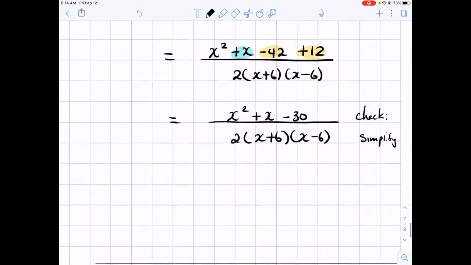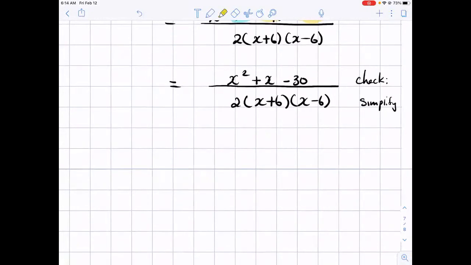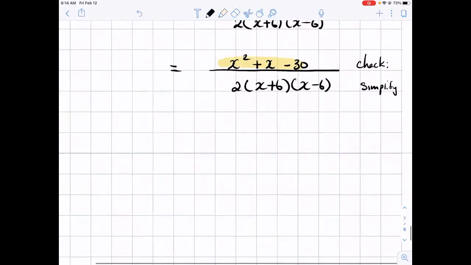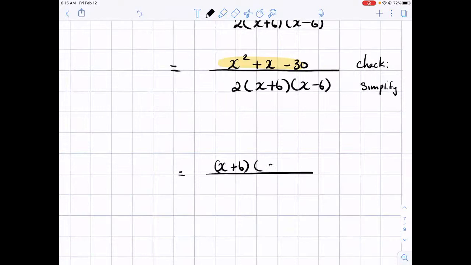Okay? So as you can see, this is quadratic. So this could possibly be factored. And if you factor that, you get x plus 6 times x minus 5 over 2 parentheses x plus 6 times x minus 6.